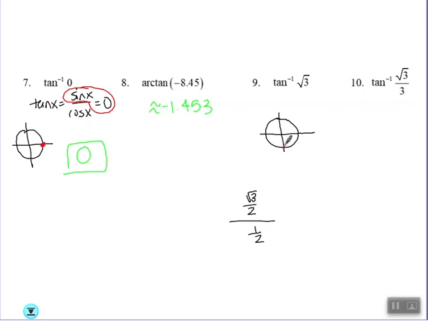And that occurs at pi over 3. That also occurs over here at 4 pi over 3, but that is not between negative pi over 2 and positive pi over 2. So we'll just ignore that one.